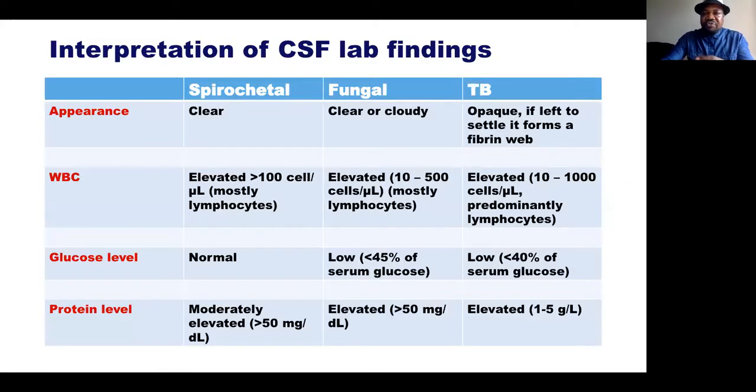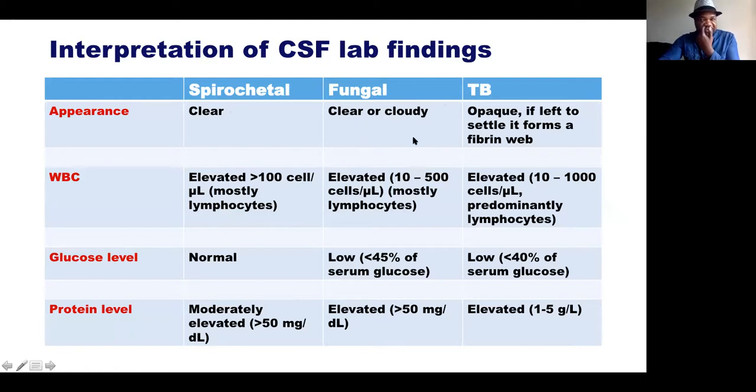Now, let's compare the CSF lab findings between fungal and TB, and here I added the column on spirochetal because sometimes people with neurosyphilis can also present with chronic meningitis. You will see that the appearance in a case of fungal meningitis can be clear or cloudy.